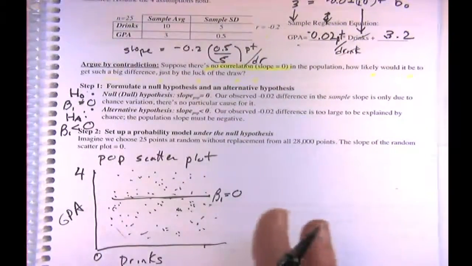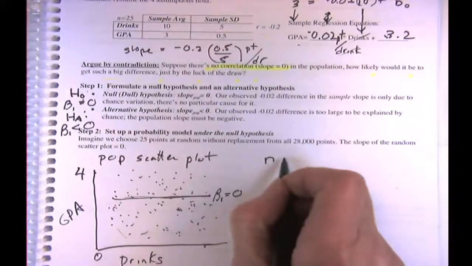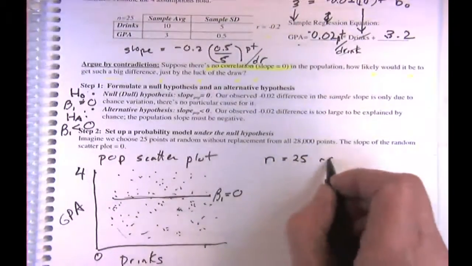We're still saying that we choose n equals 25 randomly chosen points from here.